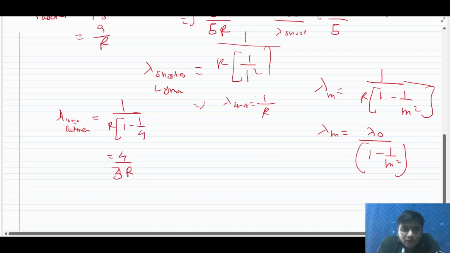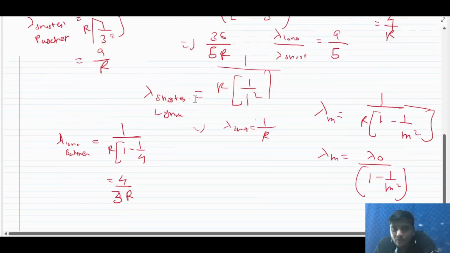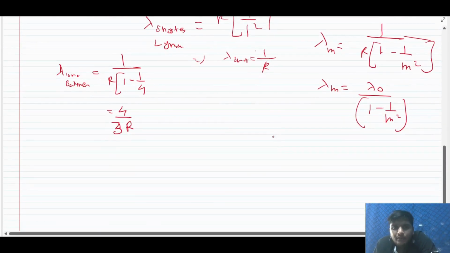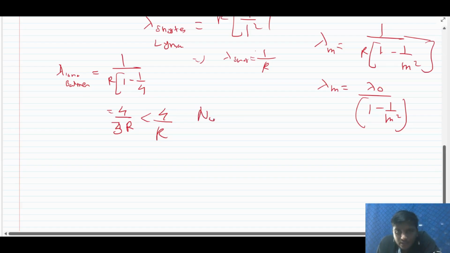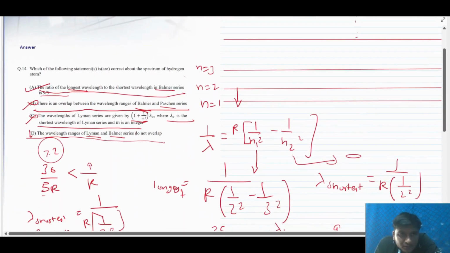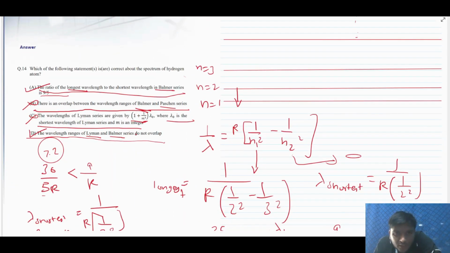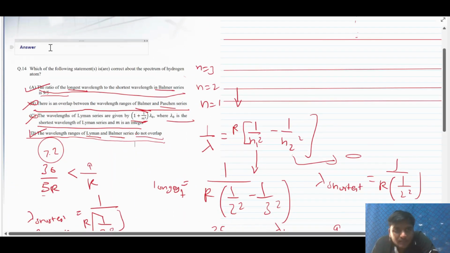And the shortest wavelength of Balmer was found earlier, it is 4 by R. We found that 4 by 3R is much smaller than 4 by R. Hence we can say there will be no overlap. So our option D is also correct, as it says that they do not overlap. Let me write the final answer: A and D. Thank you, everyone.